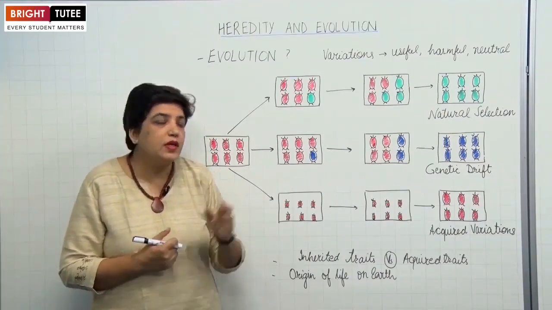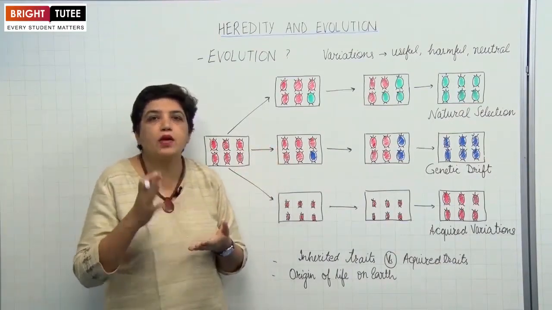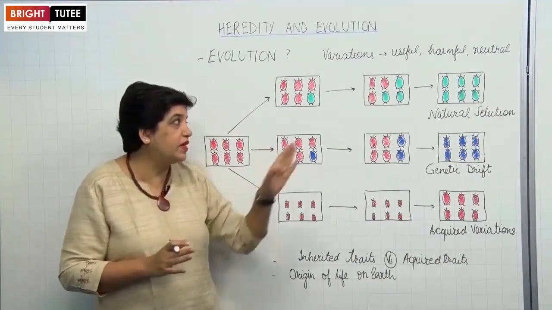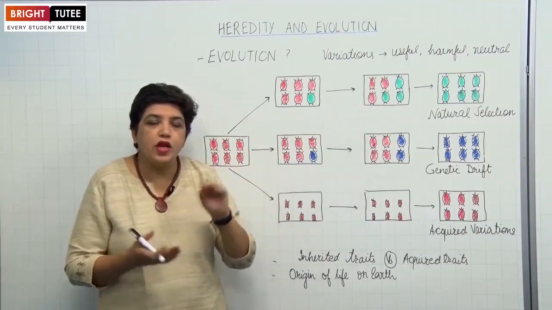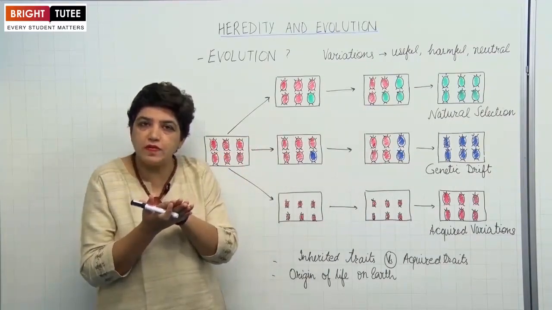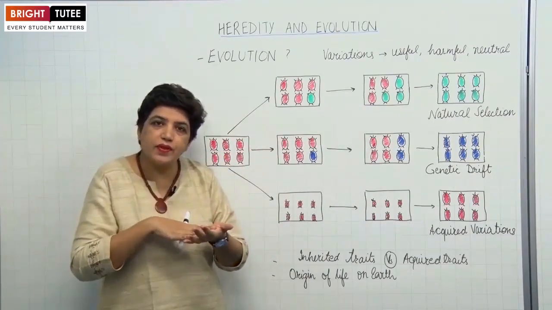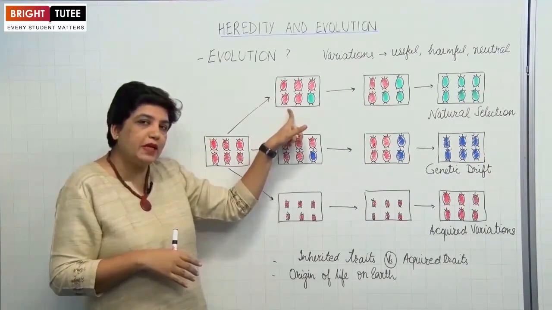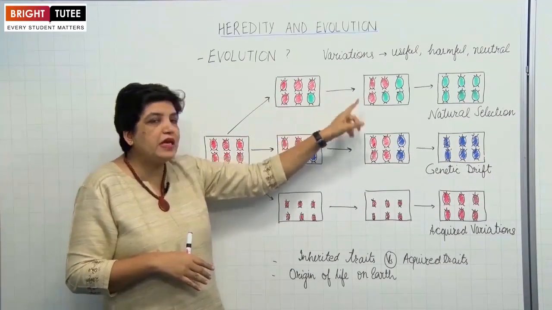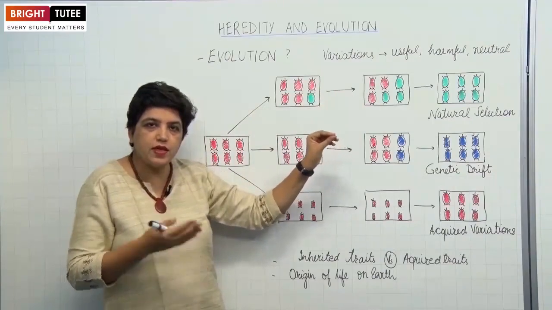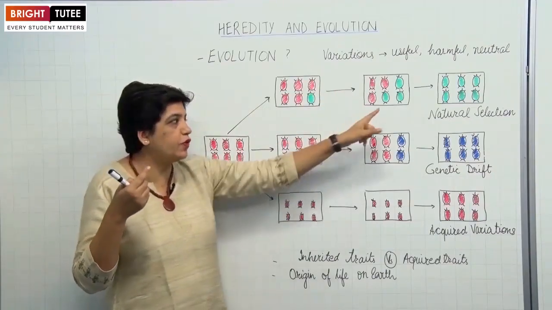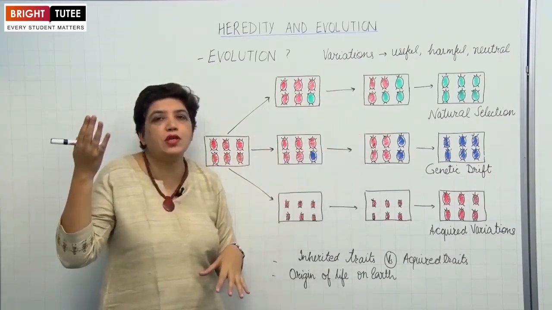Now, what happened? These beetles were fed upon by crows. So the green beetles had the advantage. They could camouflage with the green leaves. So crows could not see them. So crows were feeding on the red beetles. This led to a decrease in the population of the red beetles, but the green beetles had the useful variation. So their population increased.